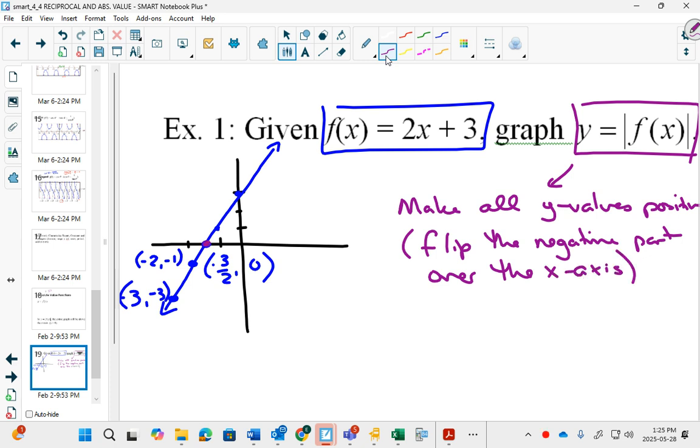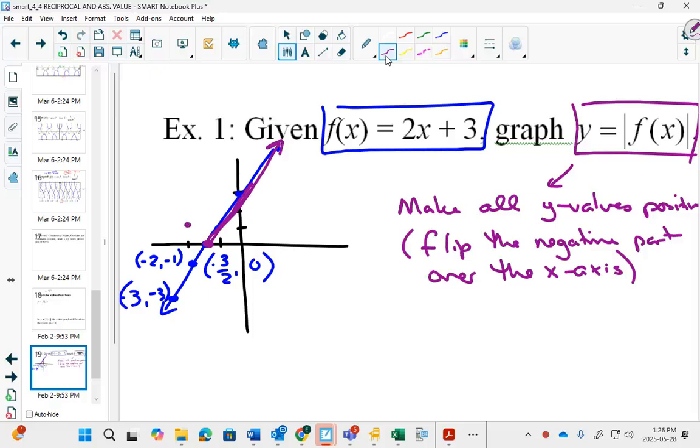So the positive part, which includes the 0 here, this whole section is going to stay exactly the same. I tried to overlap it so you still could see both colors. It wasn't the best. I apologize. Then the bottom part, if the y values are going to become positive, what's going to happen in negative 2, negative 1?